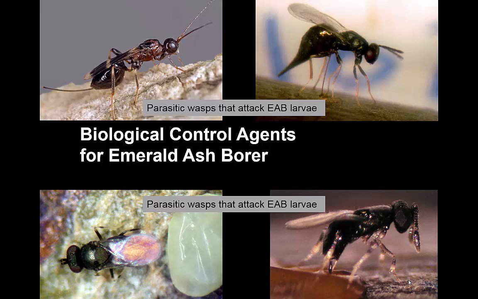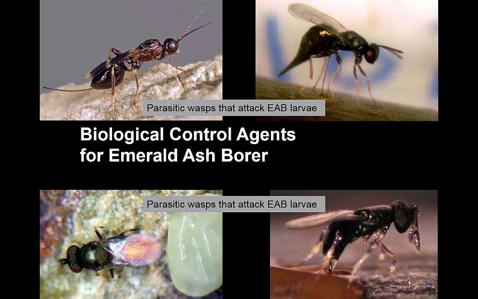Now, biological controls are a very attractive option, because if there are natural enemies that might be able to suppress this insect, this can be a long-term and perhaps permanent solution. Some insects have been found that are attacking emerald ash borer in Asia, and these have been evaluated by federal agencies, and some have already been introduced into Colorado.